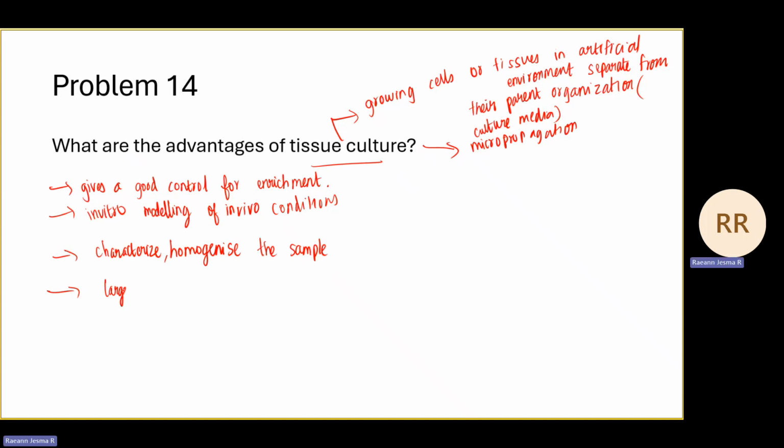Okay. So you can have large scale production of the tissues, and the cost will also be reduced.